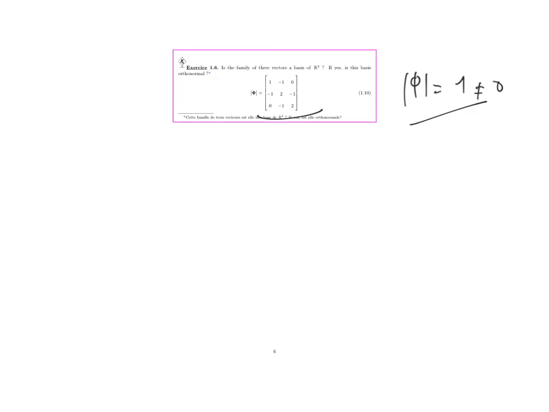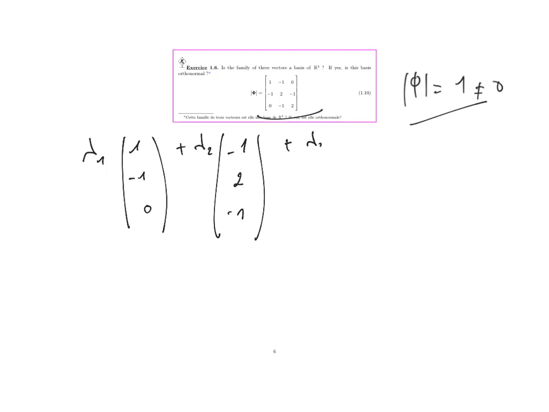Another way to know if this family of vectors is a basis is to know if they are linearly independent or not. So this means that, in fact, if I find a combination of the vectors with some coefficients or some weights lambda 1, lambda 2, lambda 3, so lambda 1 times (1, minus 1, 0), plus lambda 2 times (minus 1, 2, minus 1), plus lambda 3 times (0, minus 1, 2).